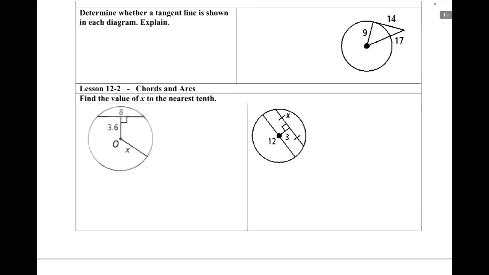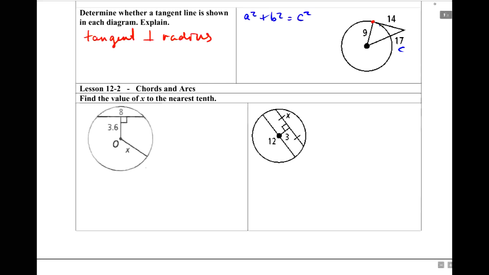Next problem, determine whether a tangent line is shown in each diagram. Well, what do we know? We know that if you are tangent, then you are perpendicular to the radius at the point of tangency. So we are looking at this point right here. Is it tangent? Well, how do we know if that's a right angle? If it is a right triangle, then it's a right angle. So we have the Pythagorean theorem. The hypotenuse is c.